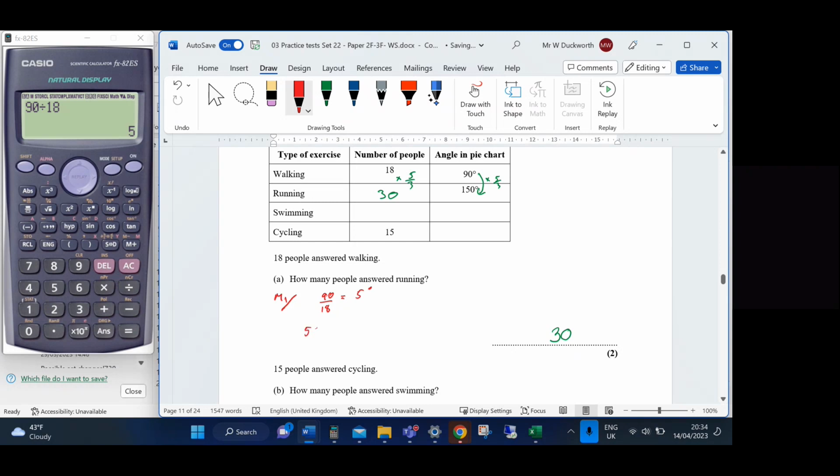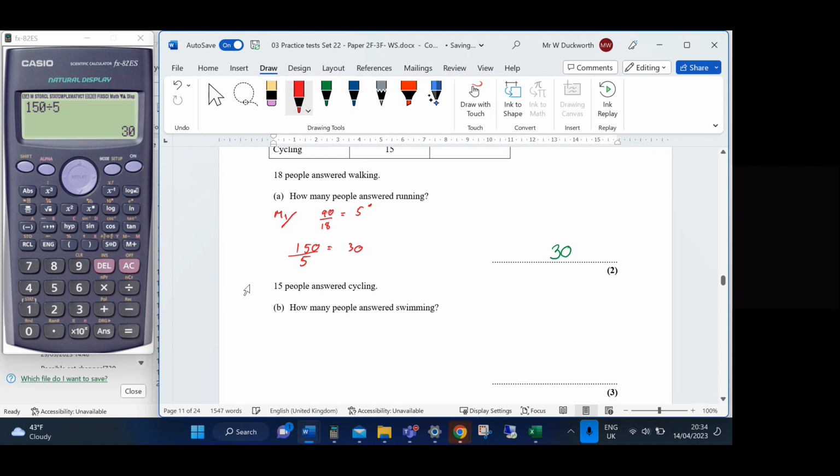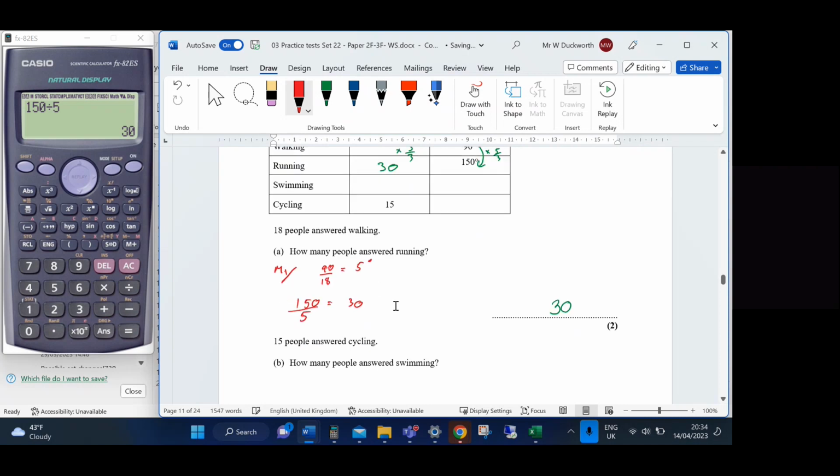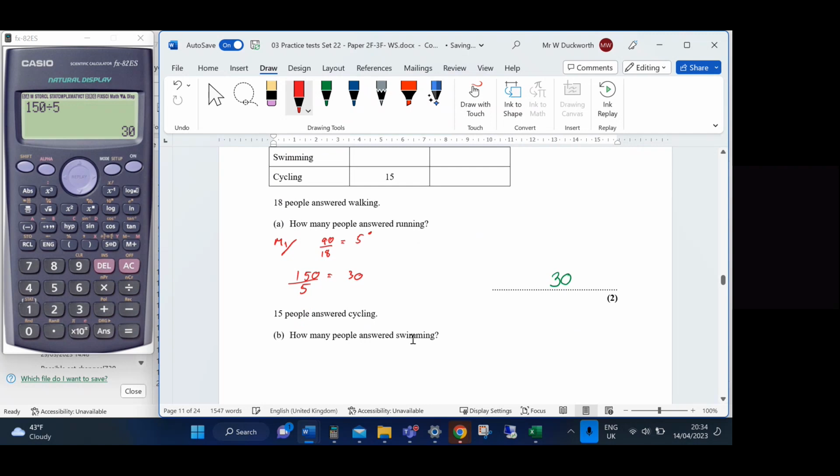So 150 degrees divided by 5 would be representing, so wrong way around. 150 divided by 5 would give us 30 as well. Okay, so we get 30 either way. Your method is up to you. 15 people answered cycling, so we've got that. How many people answered swimming?